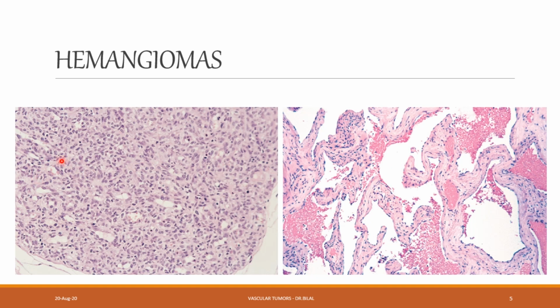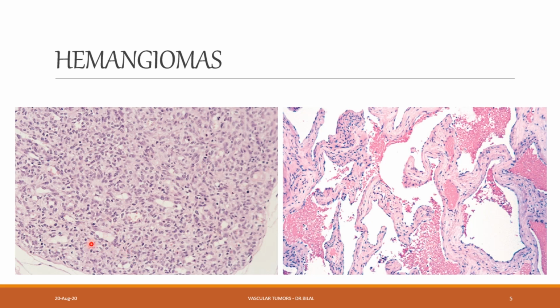Now, lobular capillary hemangioma is lobular, as the name indicates. It is also known as the pyogenic granuloma, but it's not a granuloma exactly. It's a lobular proliferation of vessels lined by plump endothelial cells. So this is how a lobular capillary hemangioma or a pyogenic granuloma looks.